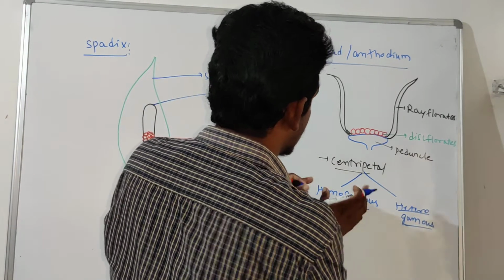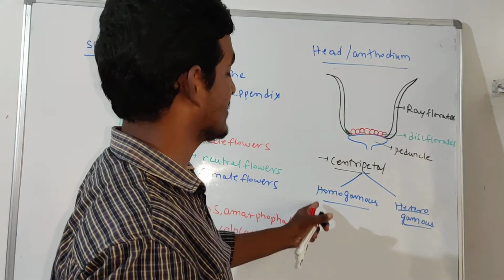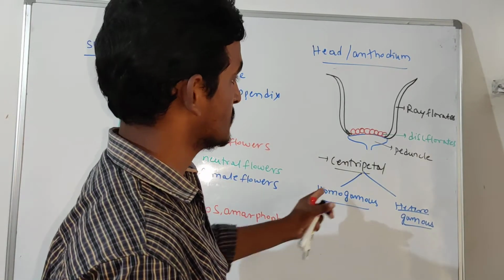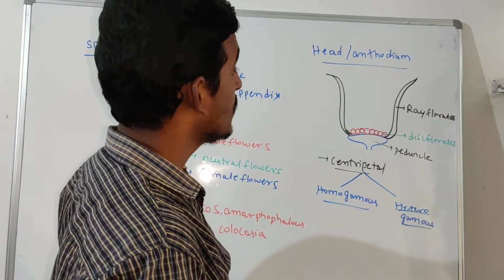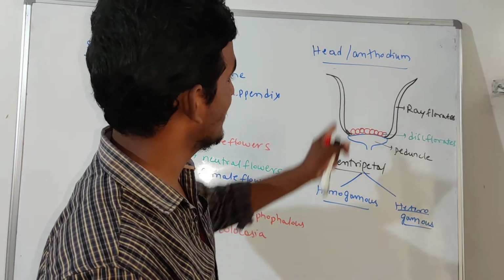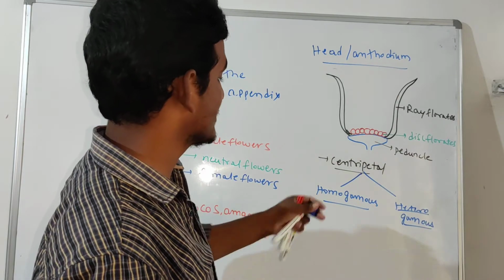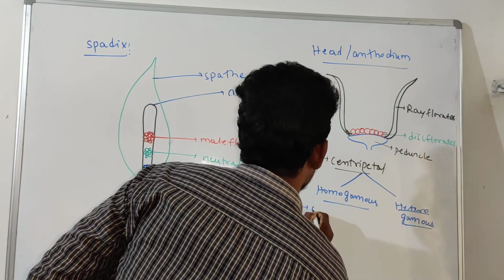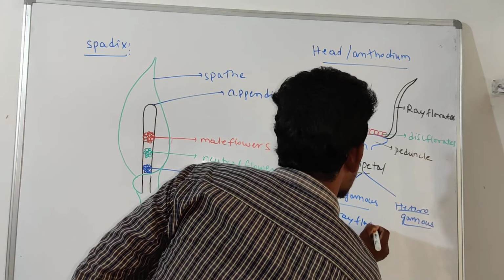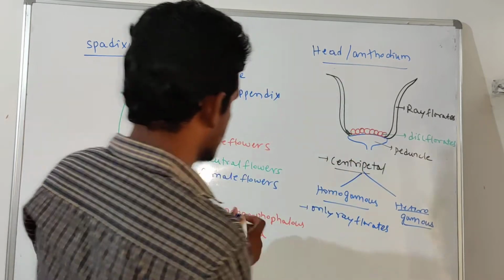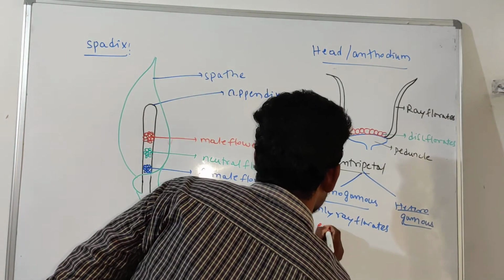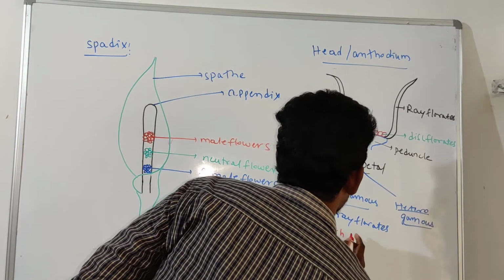Homogamous head means it has only one type of florets. If it has only ray florets or only disc florets, then the type of head inflorescence is called homogamous. For example, a homogamous head example is chrysanthemum.